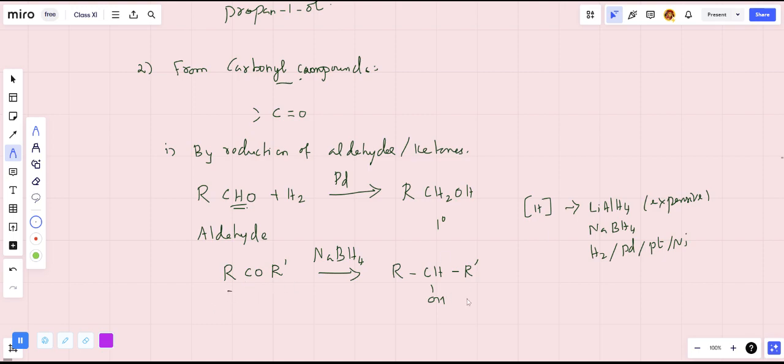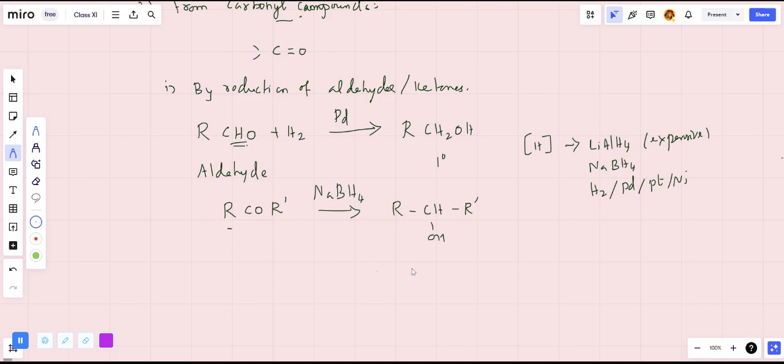It retains the same number of carbons. By reduction, aldehydes always give primary alcohol, and ketones always give secondary alcohol.